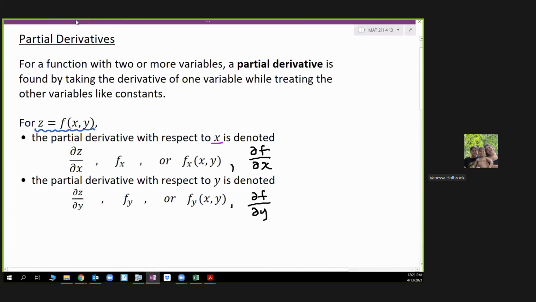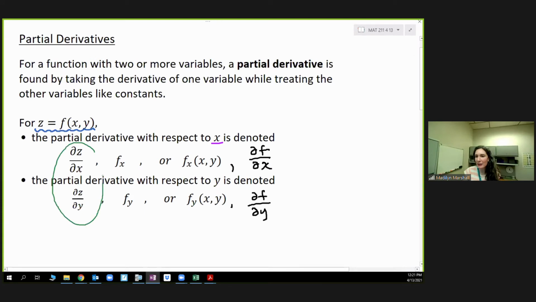What's the most common way that they use? Or is it just scattered? So this way with the weird d is most common overall in math. But these are also common.